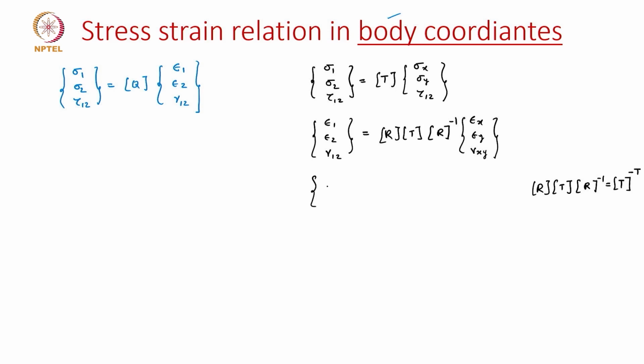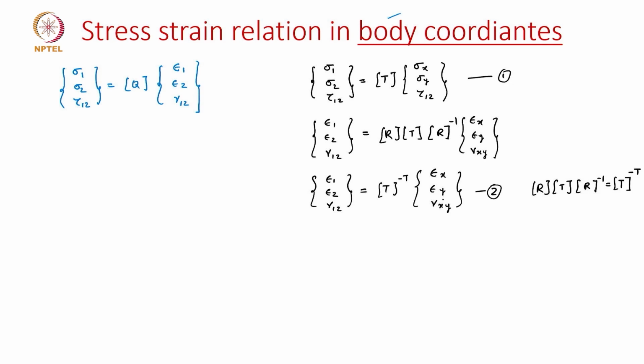Which means I can write epsilon 1, epsilon 2, gamma 1 2 as T inverse transpose times epsilon x, epsilon y, gamma x y. So, let us name this as expression 1 for the stress transformation and this as 2 for the strain transformation.